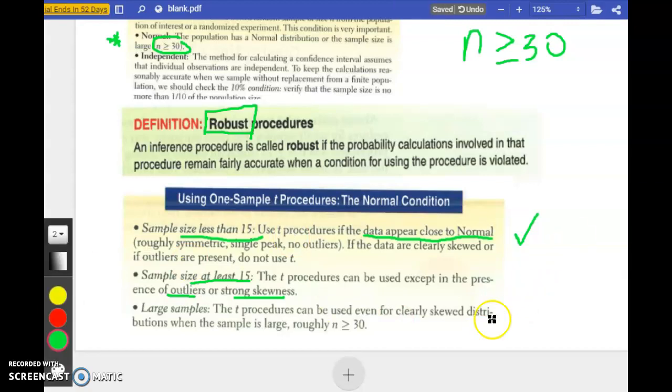So maybe you have some symmetric distribution of data, but then you have this little outlier on the end. Well, we're still good to go if it's at least 15. And then for large samples, greater than or equal to 30, just like before, we're good to go. So a little bit unique with that word robust, meaning this condition has a little bit of flexibility if you're doing a t interval as opposed to a z interval.